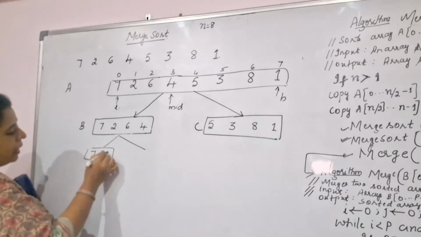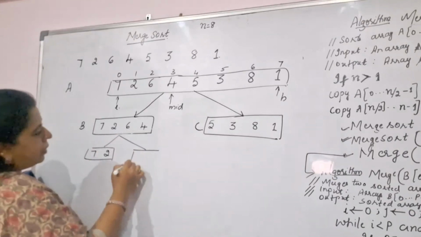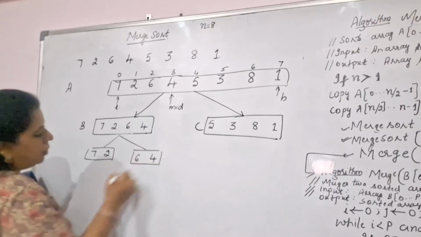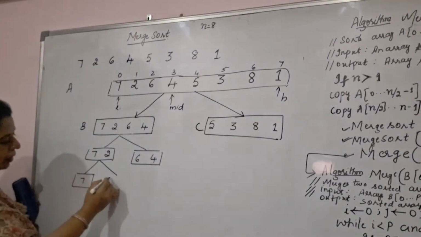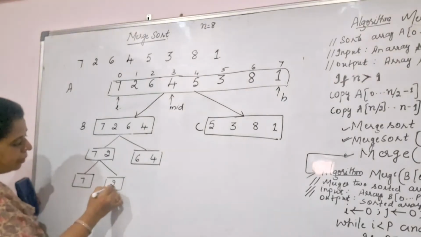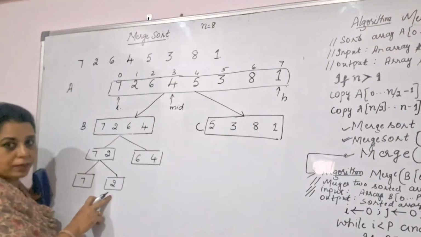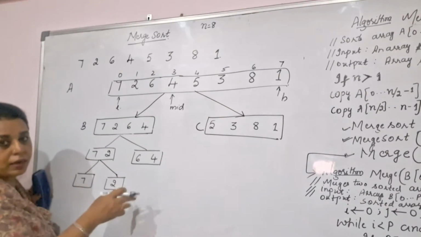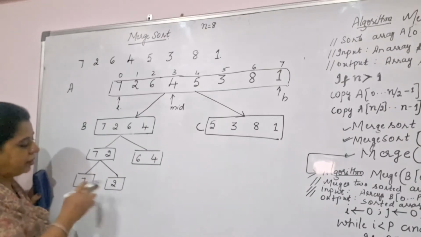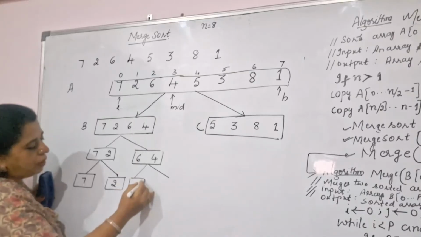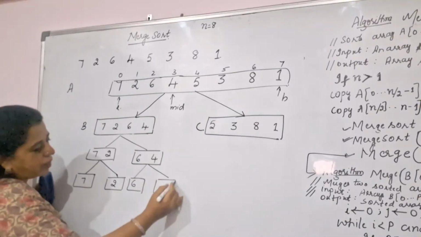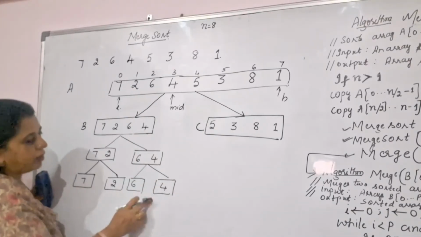The left array will have 7 and 2, and the right array will have 6 and 4. Once again you divide this into two, and you will have 7, and next you will have only one element. At this point the algorithm will stop because you have written the condition as long as n is greater than 1, and now n is equal to 1. Similarly here, it gets divided into two sub-arrays, each having one element.